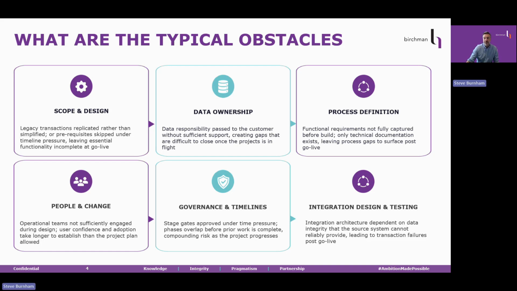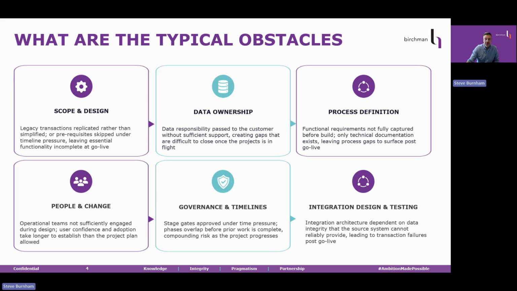And last, we come to integration design and testing. Integration design is where all the other obstacles become visible as operational problems. It's the point in the system where the consequences of early shortcuts, scope not simplified, data ownership, processes not defined, governance not enforced, surface simultaneously.